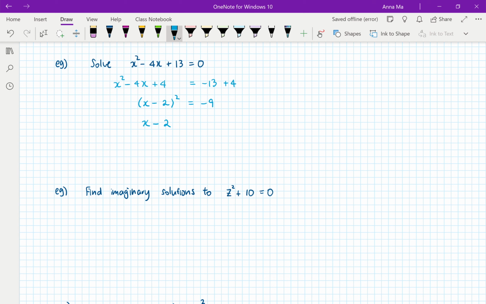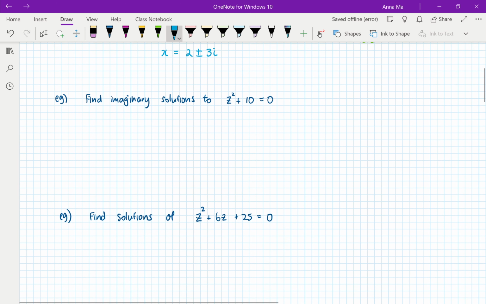So we can just square root both sides as it is, and we get square root of -9, but we need to note that root -9 can be written as root 9 times root -1, which we can write as 3i. So I'm going to rewrite the solution as x equals 2 plus minus 3i.